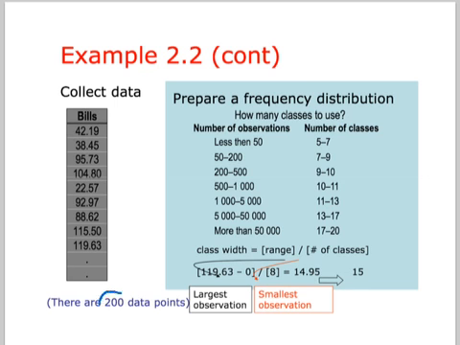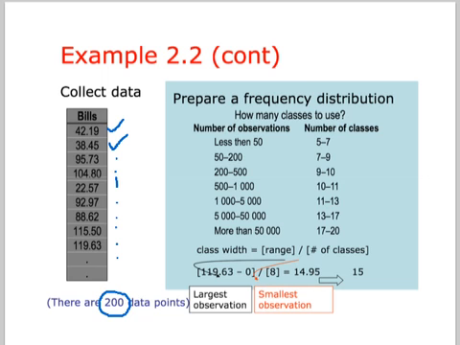So suppose you have 200 data points. So you have 200 customers. Customer number 1 spent 42.19, customer number 2 spent 38.45, and so on. Okay? So you've got 200 data points.